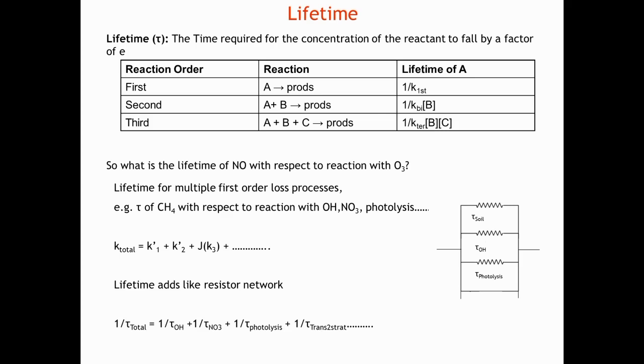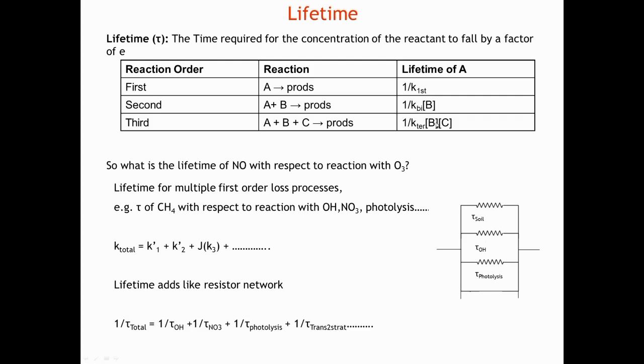Centimetre cubed per molecule per second. So therefore, 1 over the lifetime is per second: centimetre cubed per molecule per second, multiplied by the concentration, molecule per centimetre cubed, to get back to per second.